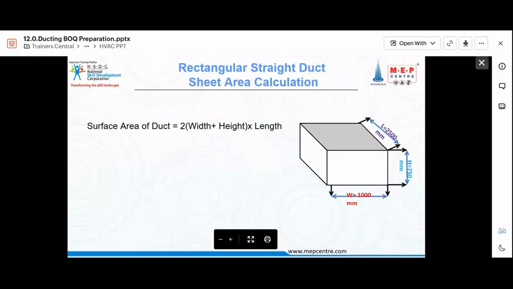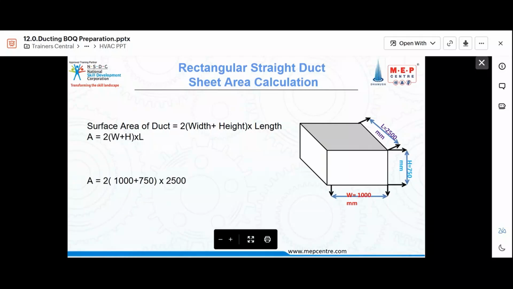Width plus height, 3.3 plus 2.6 is equal to 5.9, into 2 is 11.8. Length is 8.4. So 11.8 into 8.4 is 99.12 square feet.